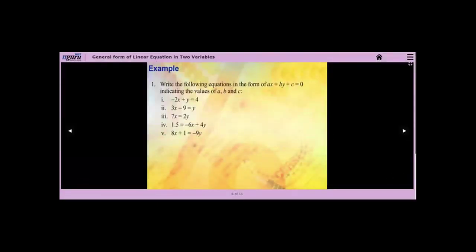Consider an example. Write the given equations in the form of ax plus by plus c is equal to 0, indicating the values of a, b and c. The equation minus 2x plus y is equal to 4 can be written as minus 2x plus y minus 4 is equal to 0, where the coefficients are a is equal to minus 2, b is equal to 1. What is the meaning of coefficients?